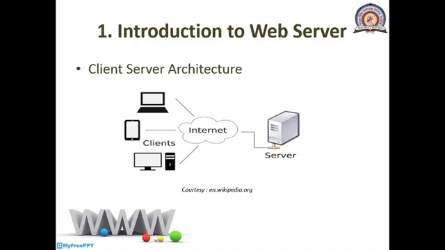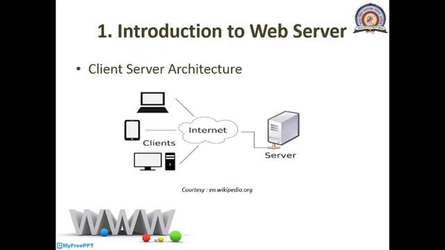In client server architecture, the systems are designated as servers, and they are intended for providing different services to other computer systems. And the computer systems in a network which are requesting the services of those servers, they are called what? The clients. So here in this diagram we can see the client server architecture, where there is one computer system which is designated as a server.